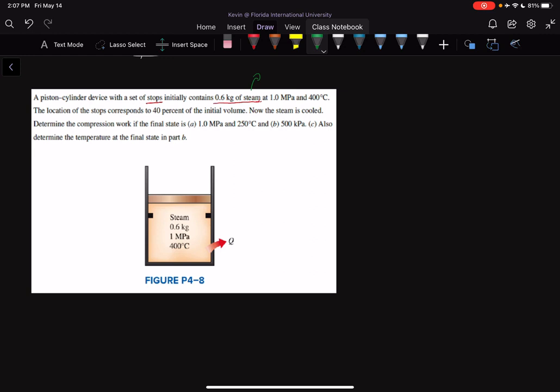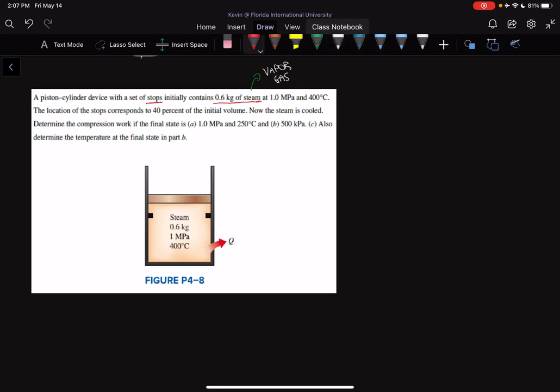Steam means usually boiling water. Okay, so that means that it's usually, I wouldn't write boiling water actually. Let me just rewrite it. It's going to be vapor or gas. Okay, this is sort of a hint, but we can still check with our tables if we have a vapor or a gas in that case.